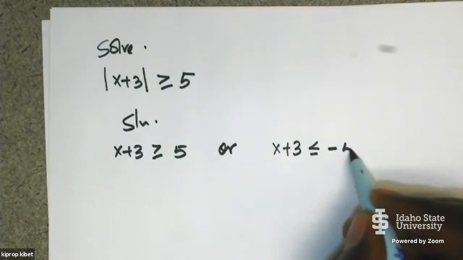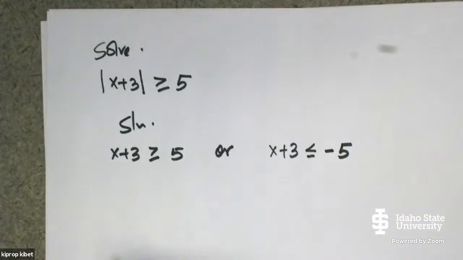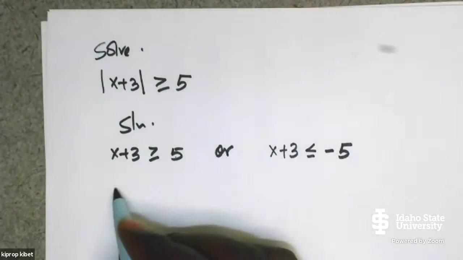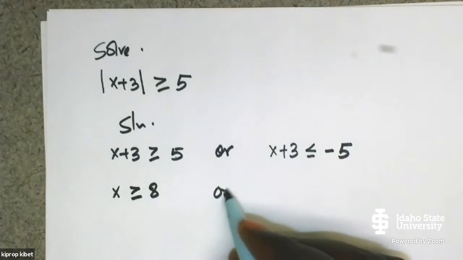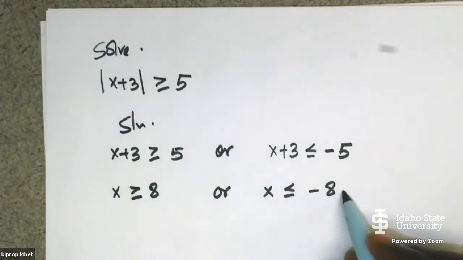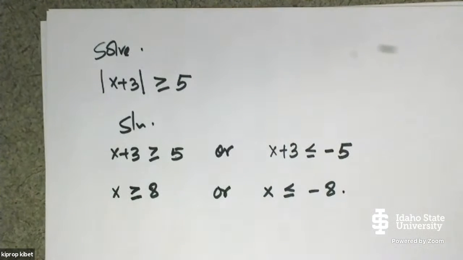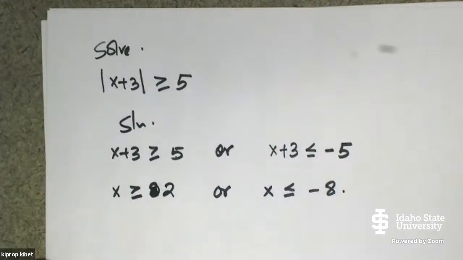Less than or equal to negative 5. So we take the 3 to the other side. So x is greater than or equal to 2, or x is less than or equal to minus 8.